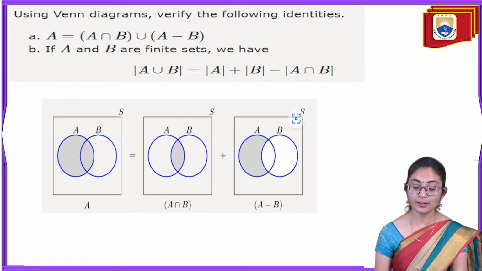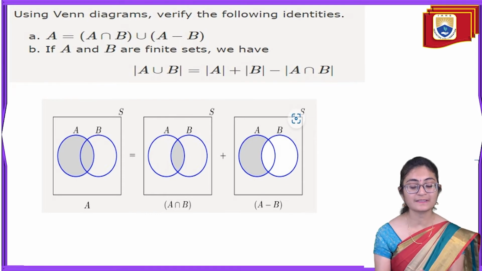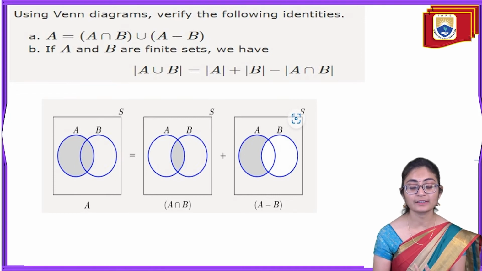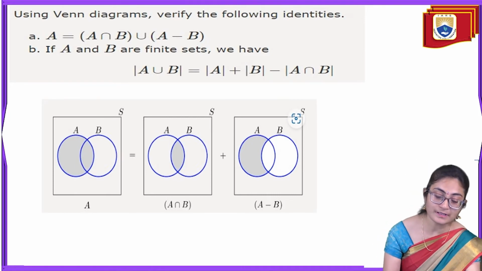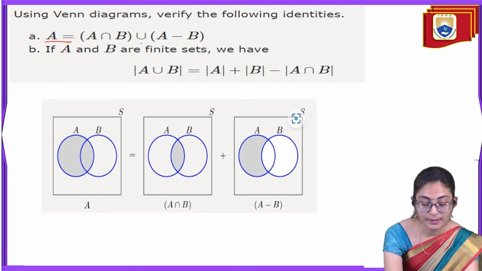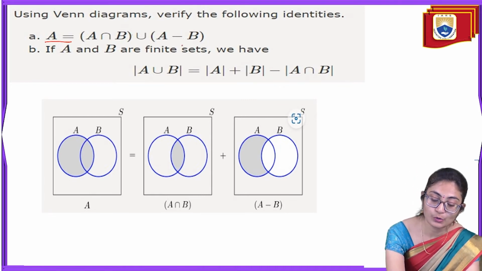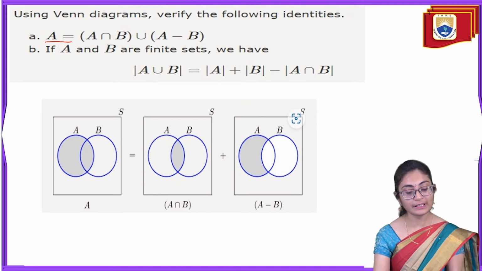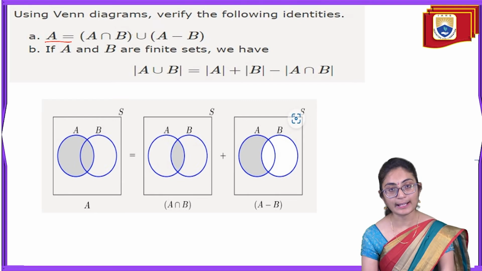set theory. Now we have to draw Venn diagrams and verify the identities. First one, A equals A intersection B union A minus B. How will we get set A?